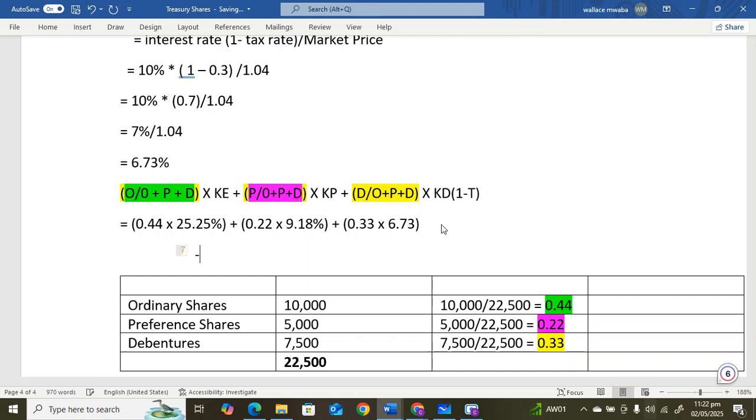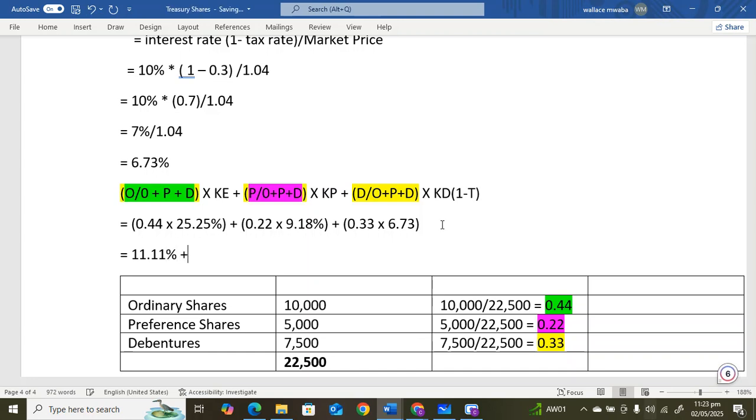So 0.44 times 25.25, what do we get? That's 11.11.